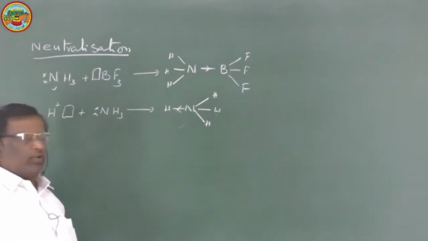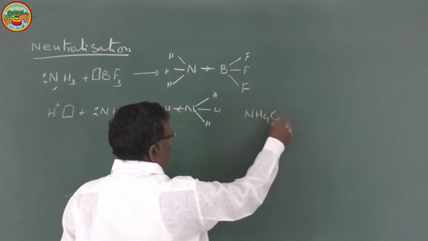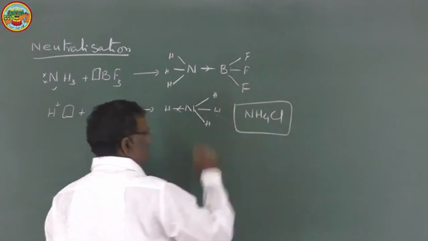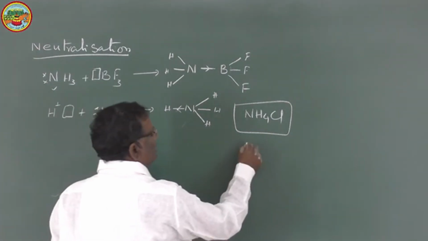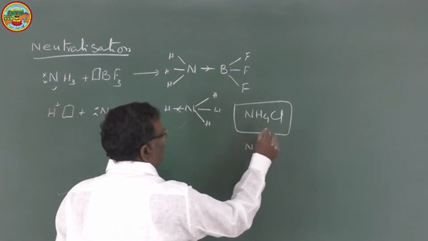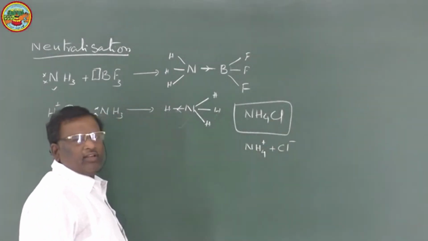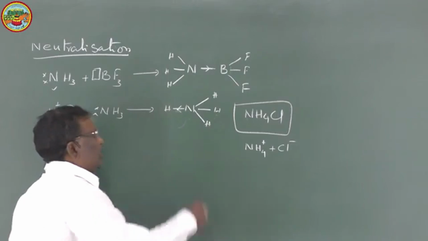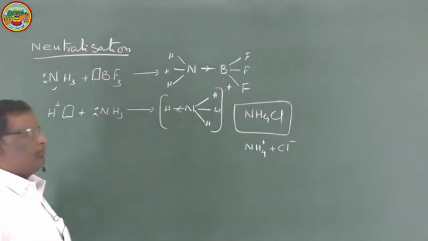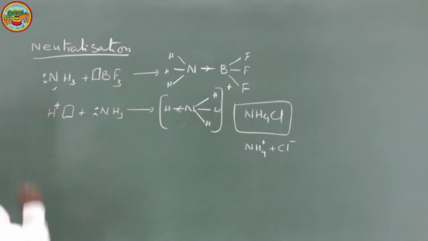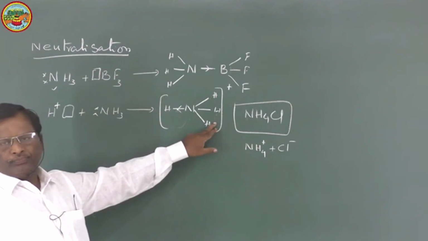Sometimes in competitive examinations, they ask how many types of bonds are present in NH4Cl. NH4 is a positive ion with one unit positive charge, and Cl minus is a negative ion. The positive charge remains after the formation of the covalent coordinate bond also.